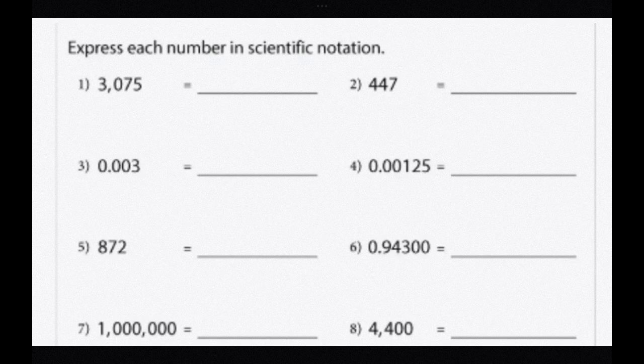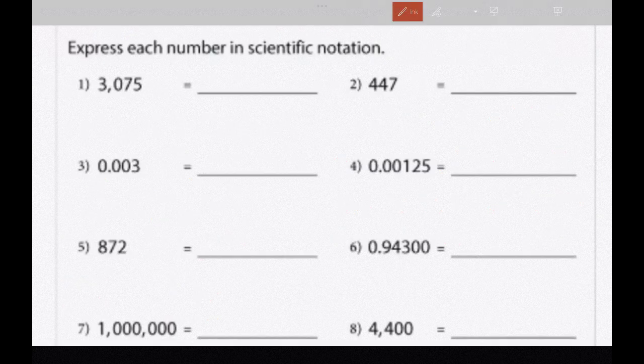Now, to express this in scientific notation, again, we assume that we have here a decimal point. So we move it to the left. So that will be 1, 2, 3. That will be 3 times 10. And how many times you move it, the decimal point?